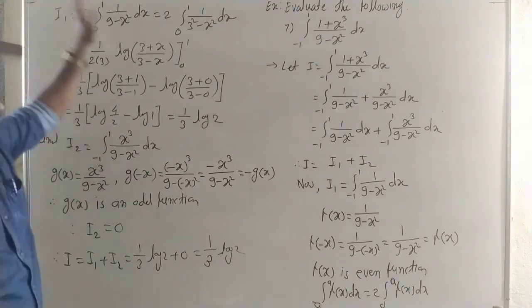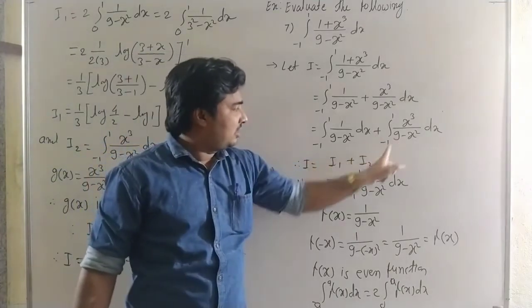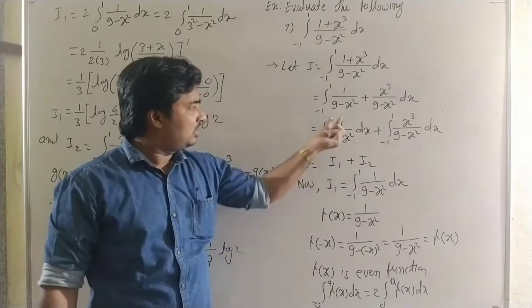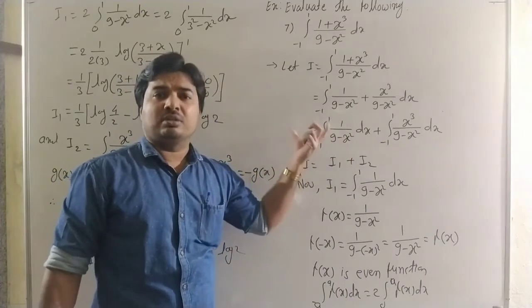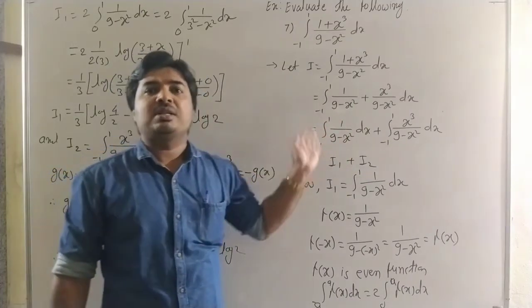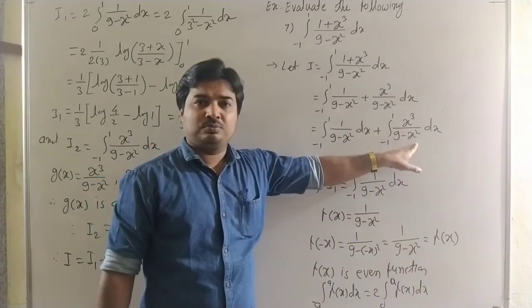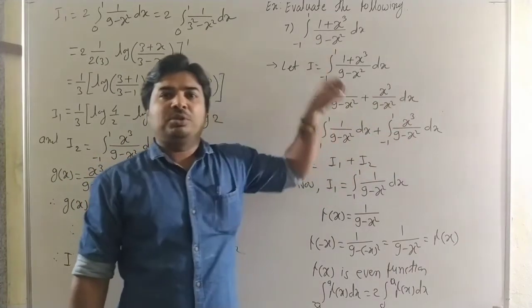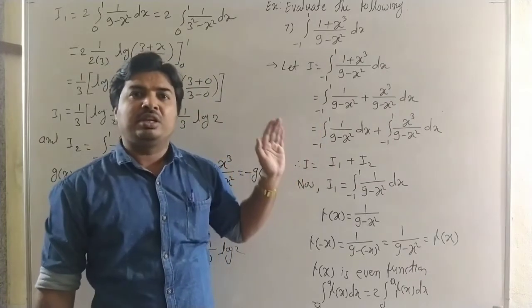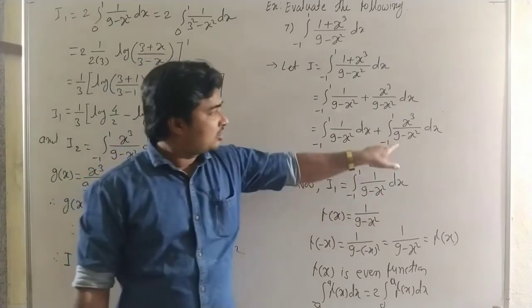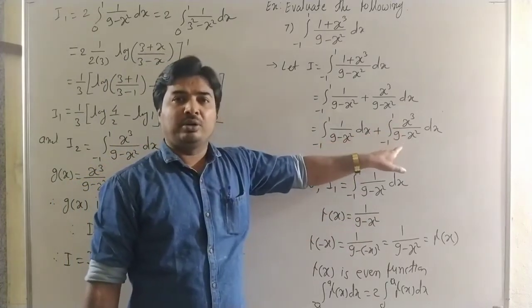But this integral, that is I2, is x cube upon 9 minus x square. It is not a standard form, 1 upon a quadratic function, that means a special integral form. Here the method for the direct solution is that the degree of the polynomial in the numerator is greater than the degree of the polynomial in the denominator, so divide numerator by denominator.